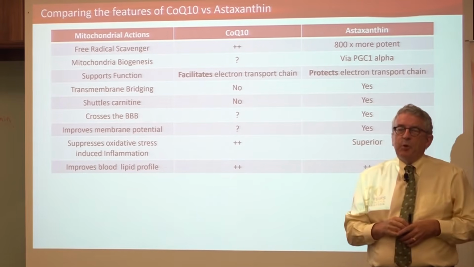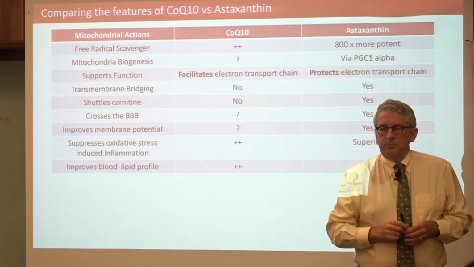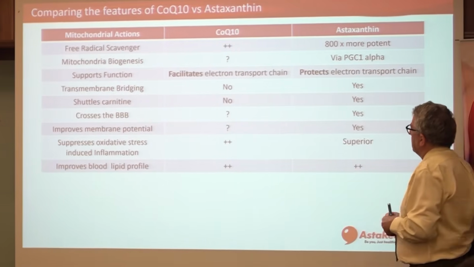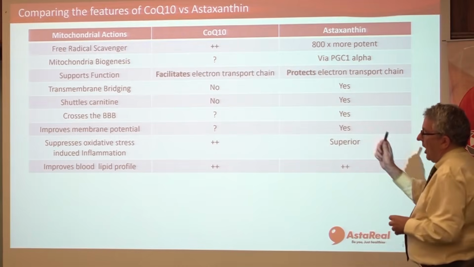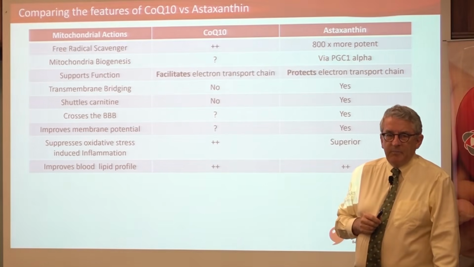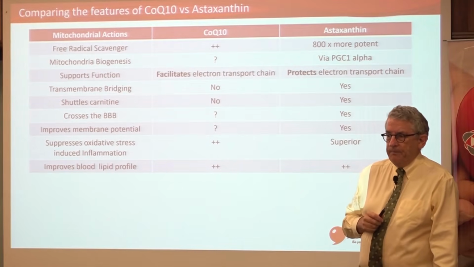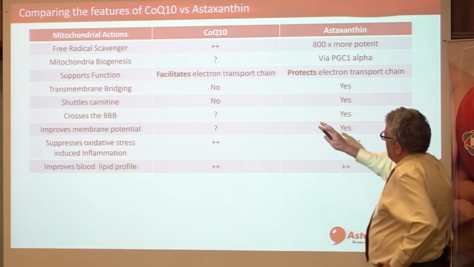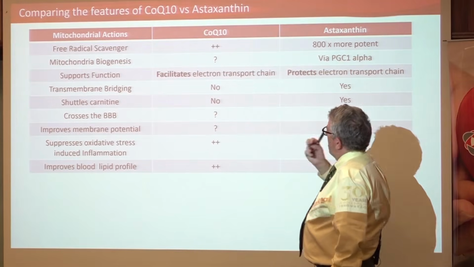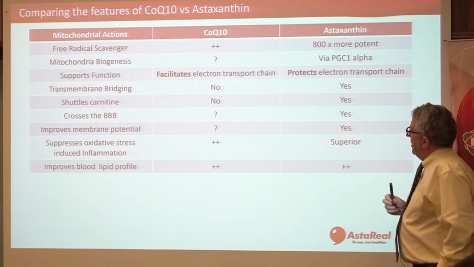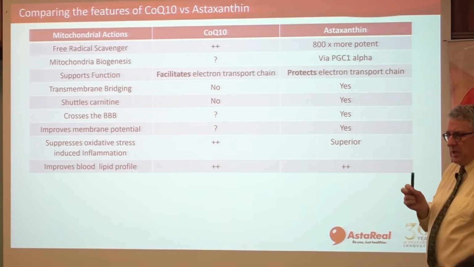Astaxanthin's 800 times more potent than CoQ10. Astaxanthin stimulates mitochondrial biogenesis. I don't know if CoQ10 does. It may be in the literature, but I haven't found it. CoQ10 is absolutely critical because it facilitates electron transport chain, but astaxanthin protects it. Slight difference.